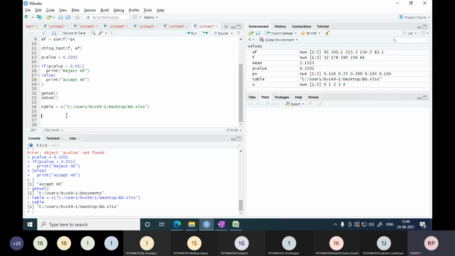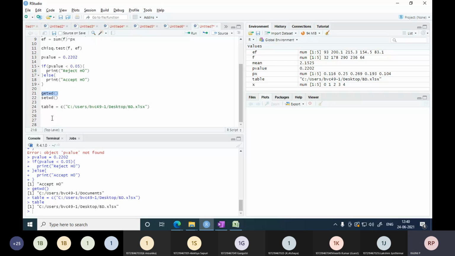That I'll explain tomorrow, dear, because it takes a minimum of 5 minutes, and I have another class. Any doubt anywhere? Is it clear? Yes, ma'am. And now you can see the path of the directory also.